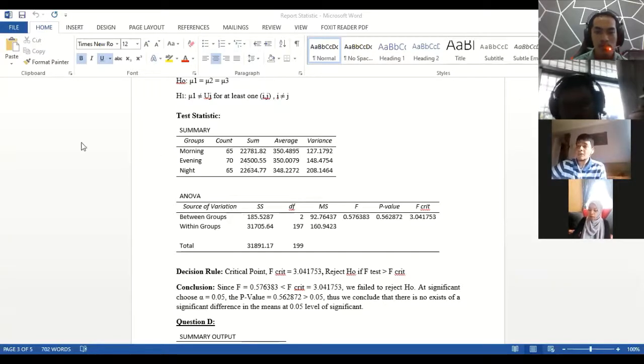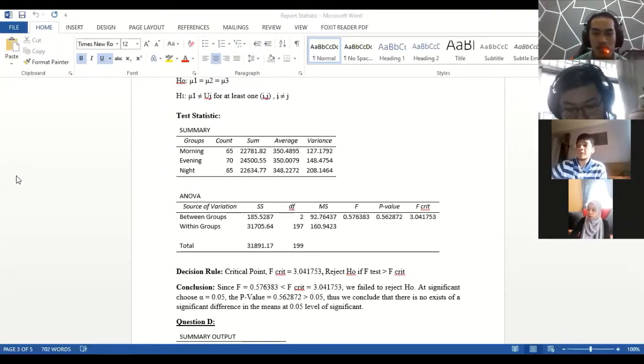And for total, it is from SST. For the degrees of freedom, we find k. The k for this question is 3, so 3 minus 1, and we get 2.